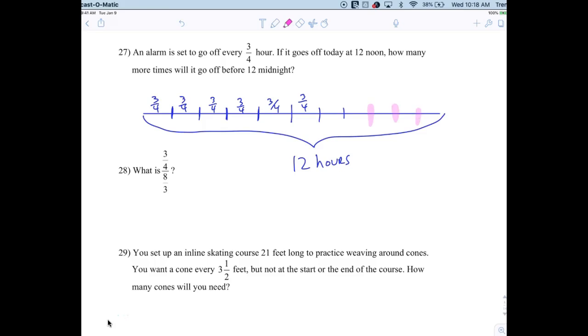There you go. We're trying to be quiet, all right, so I can help other people. That's possible. What I'm trying to show you is I'm taking the 12 hours and I'm sectioning it off into what? Into what?